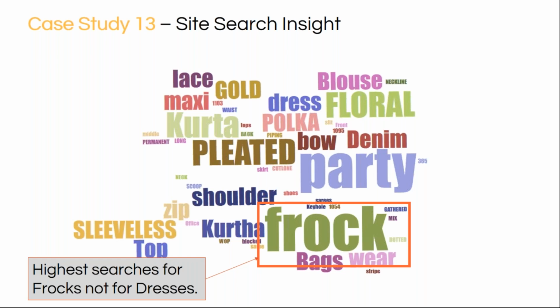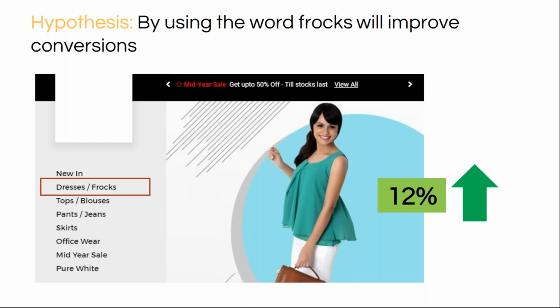But there was no frocks category, or anything that mentioned frocks on the website, which made it very difficult for people looking for frocks to find them. Even though frocks and dresses are the same thing, the users were using the word frocks to find what they want. So we created the hypothesis that if we use the words frocks and dresses together, the conversion rate will improve.